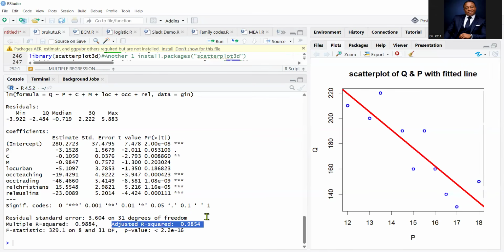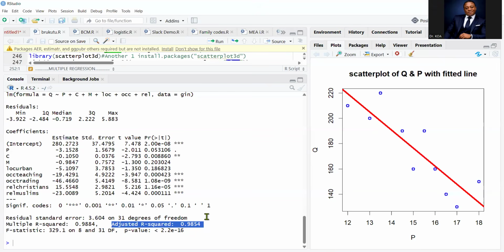What is the use of the adjusted R squared? Let me explain. Suppose you are trying to look at the determinants of demand and you put broken heart. It's an irrelevant variable. It doesn't determine demand. But suppose you put that variable there. The R squared must penalize you for including irrelevant variables.